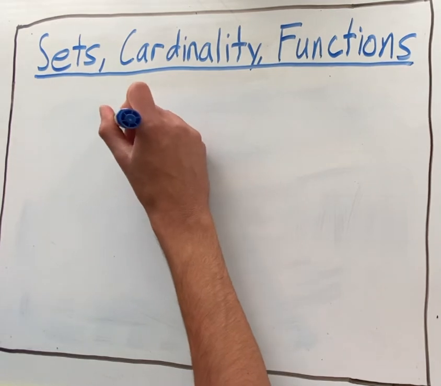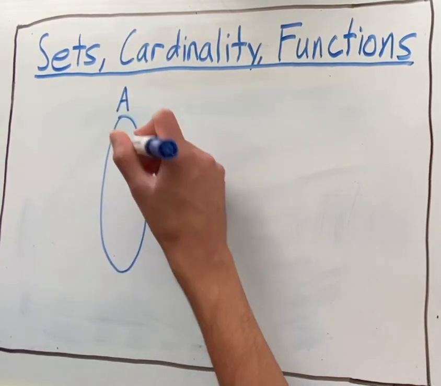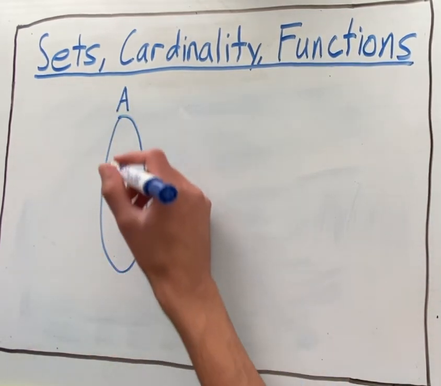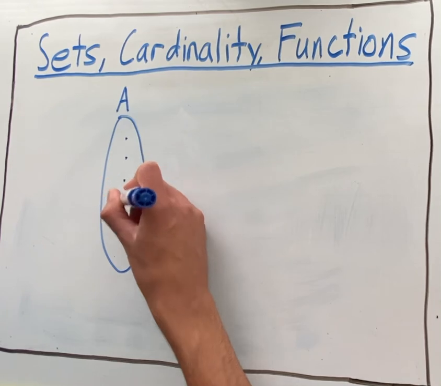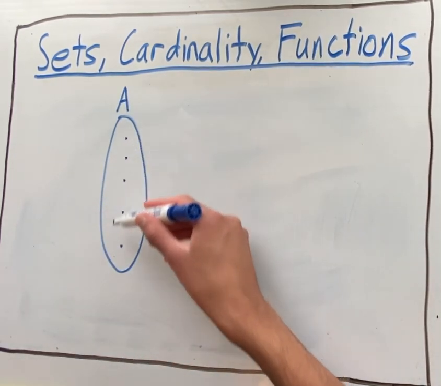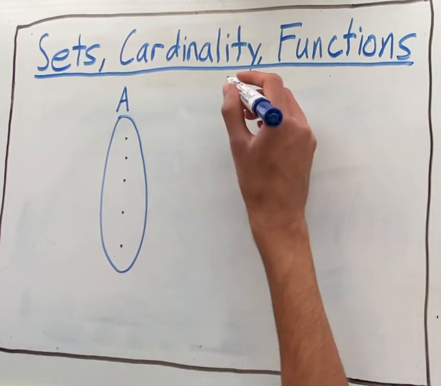So let this be the set A, everything in this oval, and let each dot in this oval represent an element in A. So you can imagine that this is the numbers 1, 2, 3, 4, 5. That's just an example.